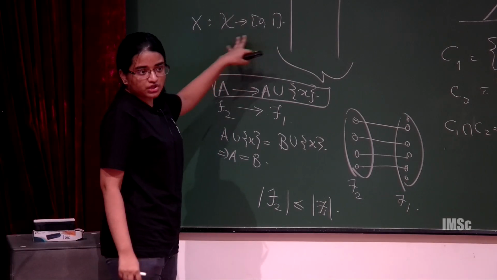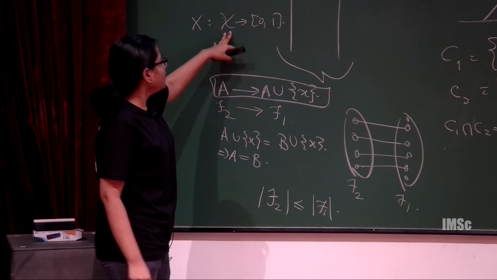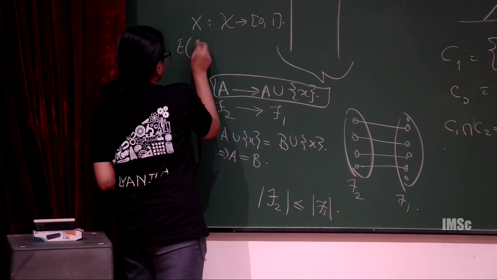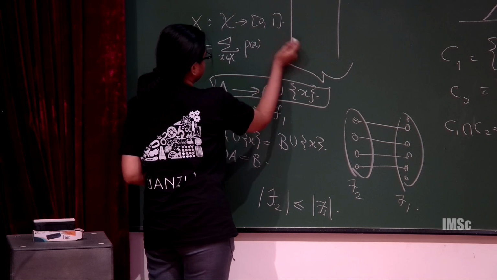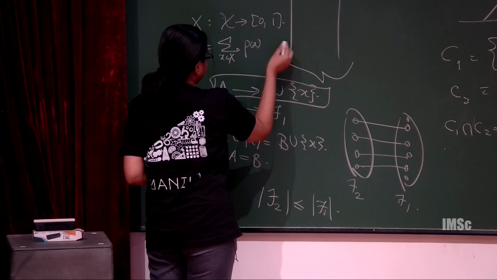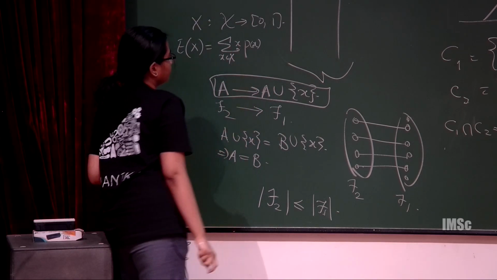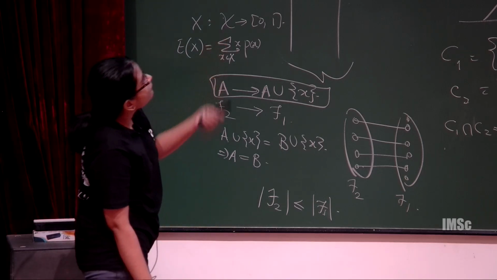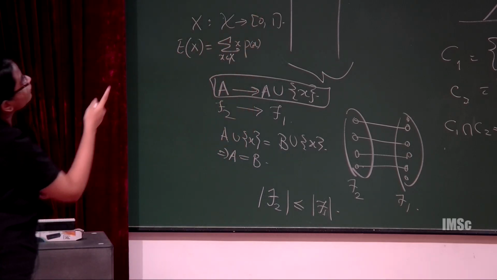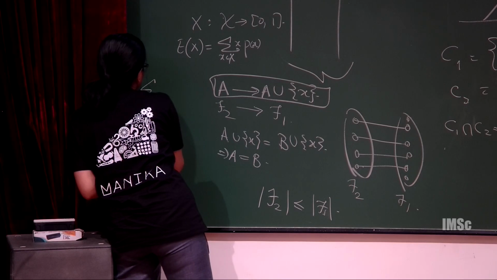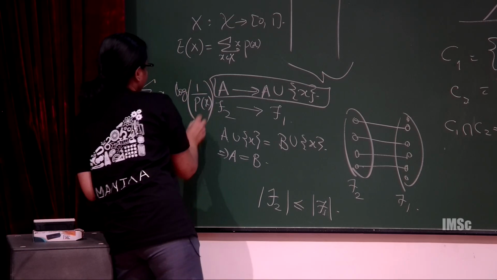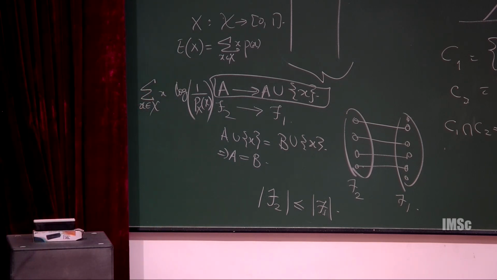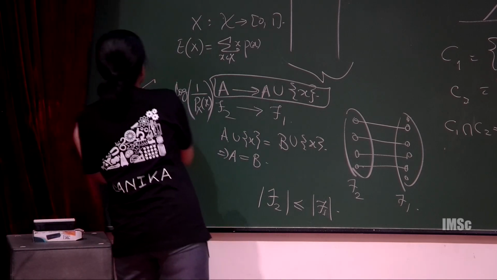This is known as a random variable, which maps all the values it can take to [0, 1], which are the probabilities of each value. Then the expected value of X is the sum of x times p(x). If I want to know the expected value of the information content, then that is the entropy. It's denoted as H(X).